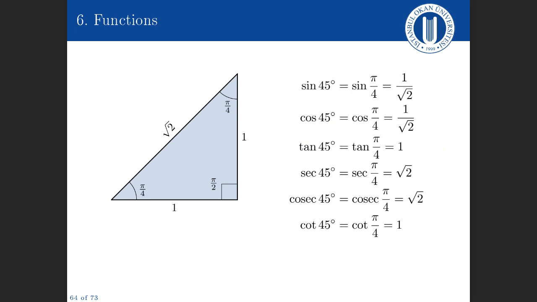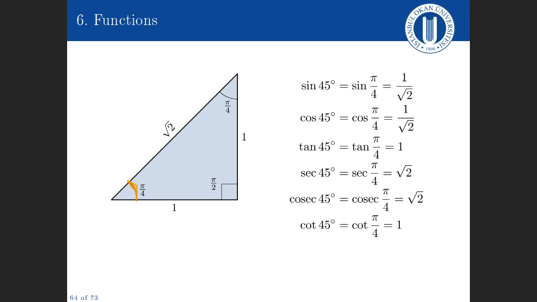Let's look at some common angles. Let's start with 45 degrees, which is the same as pi over 4. I have a triangle here, base 1, height 1, and then by Pythagoras, the other side must be the square root of 2. And I want to use the angle at the bottom left.